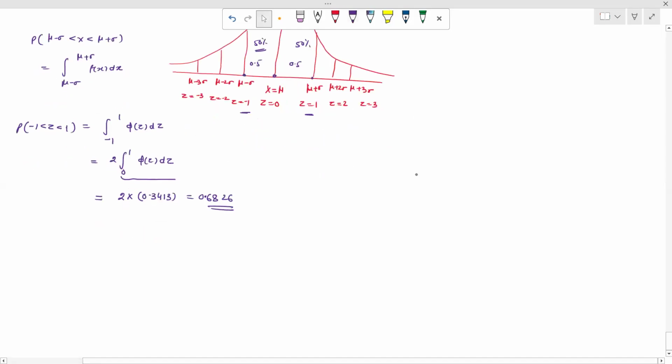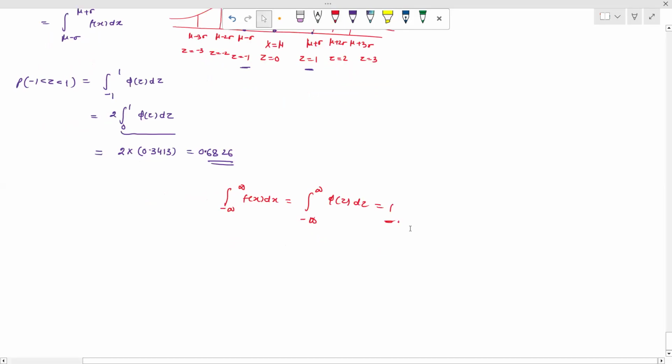Now, we remember that the integration from minus infinity to plus infinity of f of x into dx is equal to 1, and the same as minus infinity to plus infinity of phi of z into dz, which is also equal to 1.